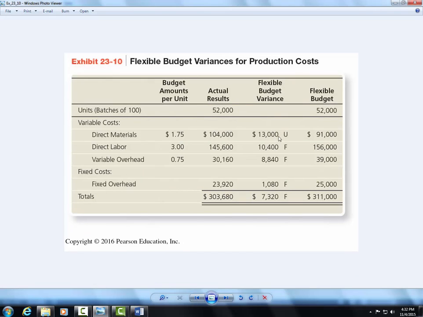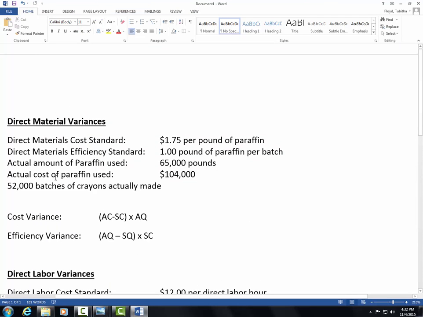We're going to break this direct material variance down into the direct material cost variance and the direct material efficiency variance to see why we had a $13,000 unfavorable flexible budget variance. Okay, direct material.